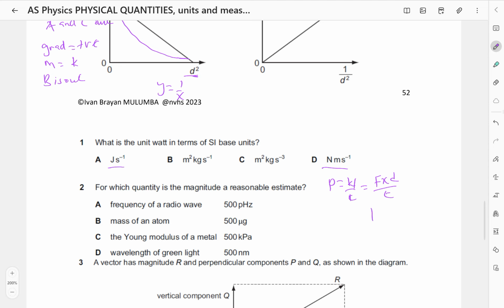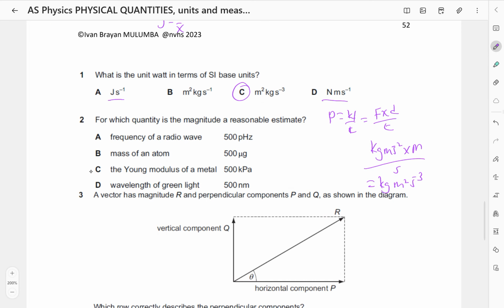Force is kilogram meters per second squared because it is mass times acceleration. Then these meters, and time is in seconds. So this gives us kilogram meters squared per second cubed. So our answer is going to be meters squared kilogram s to the power negative 3. So the answer is going to be C.